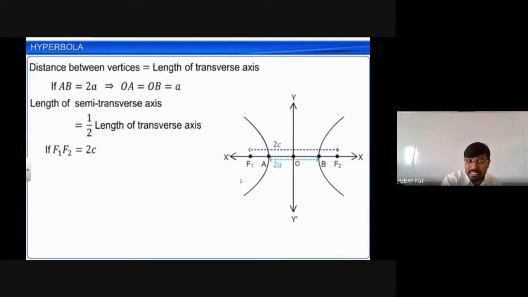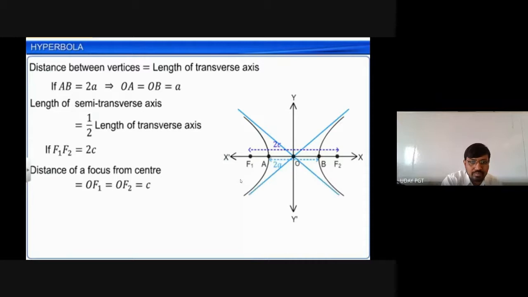If F1 and F2 are the foci, the distance between F1 and F2 is denoted by 2c. The distance of a focus from the center is c.